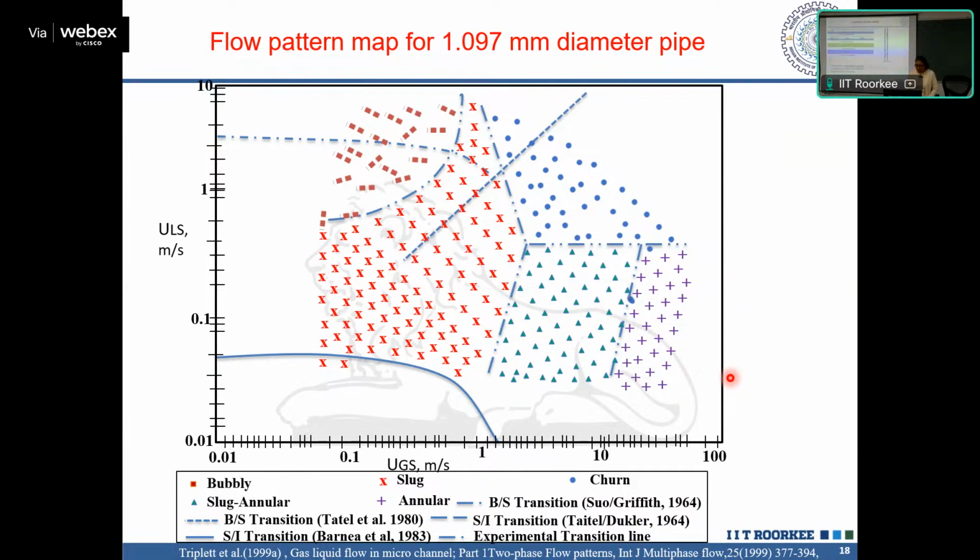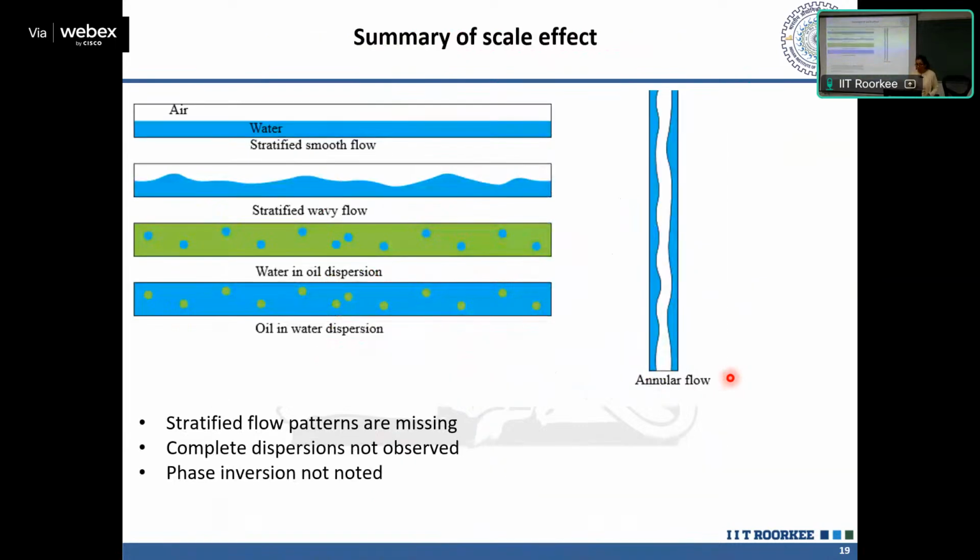So these are the typical flow regimes that one could expect in a macro dimension. In macro dimension, horizontal orientation, you are bound to get stratified or stratified smooth, and dispersion in case you are using liquid-liquid. One more interesting phenomenon that happens in macro liquid-liquid flows is phase inversion.